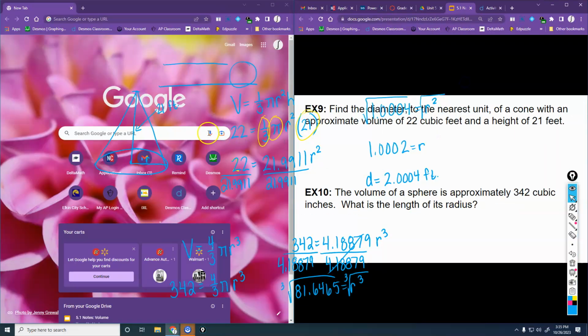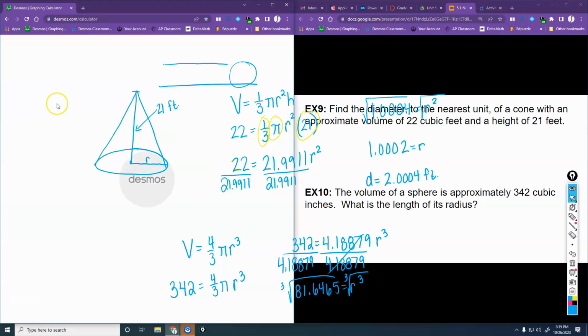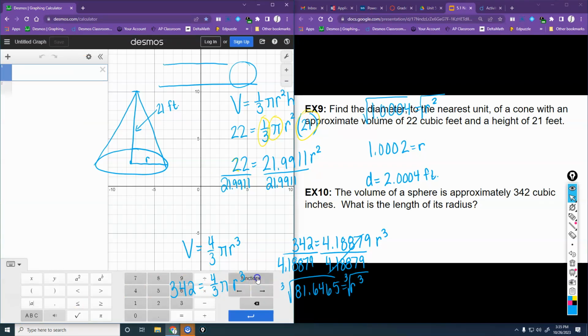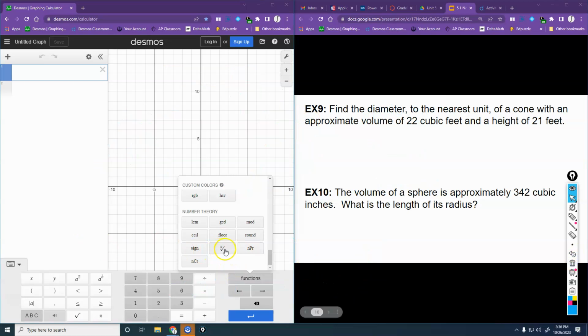We may have already talked about it, but for Desmos, if you click right down here, go to Functions, scroll down towards the bottom. Well, I thought it was towards the bottom. Maybe it's not that far. Where's it at? Oh, you can't see it for that. It's right here at the bottom.